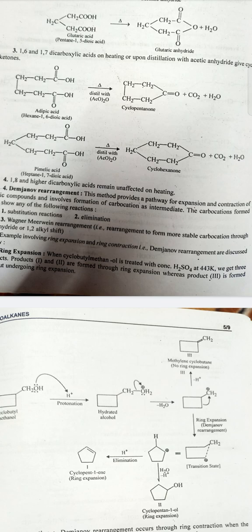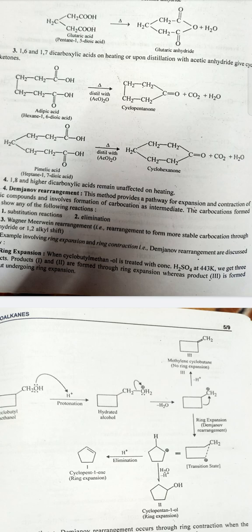Number 3. Wagner-Meerwein rearrangement, that is rearrangement to form more stable carbocation through 1,2-hydride or 1,2-alkyl shift. Examples involving ring expansion and ring contraction, that is Demjanov rearrangement, are discussed below.